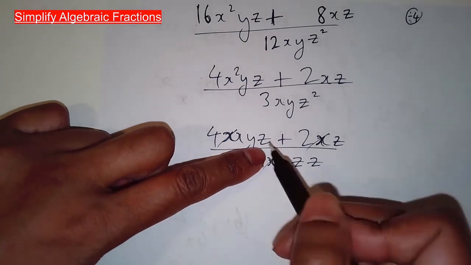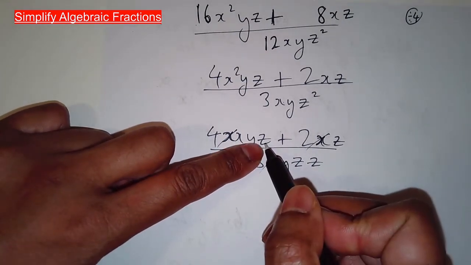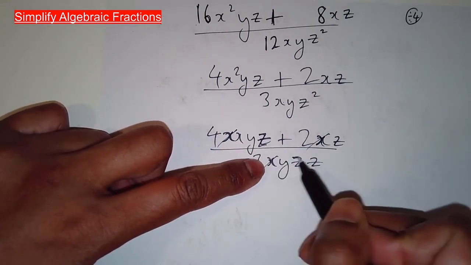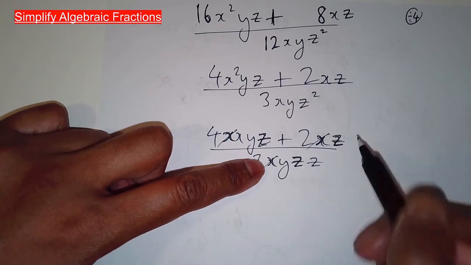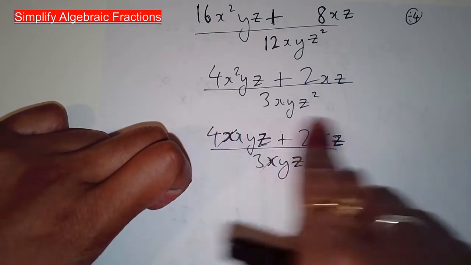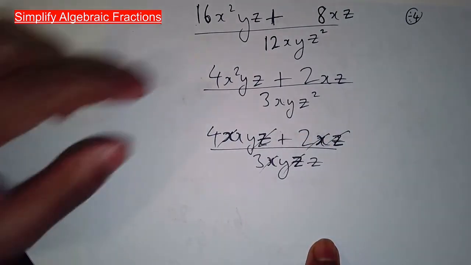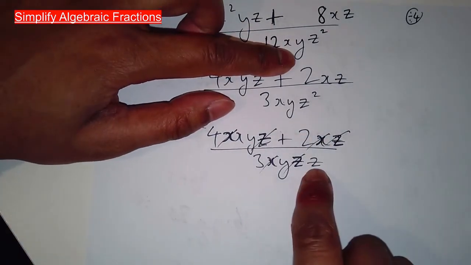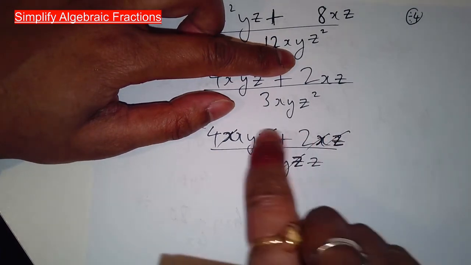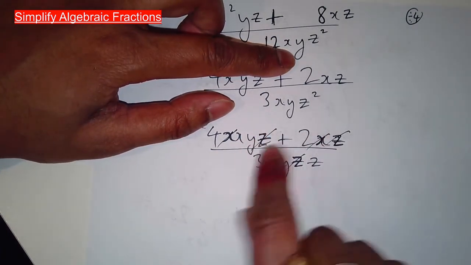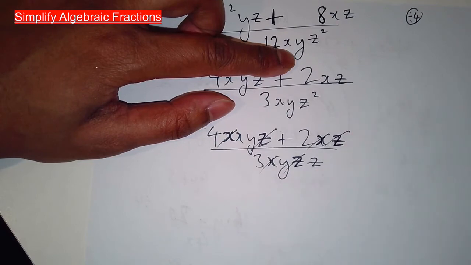Looking at the Z over here, you can see a Z over here, a Z, and there's a Z over here. There's a Z in all 3 parts. Therefore, these can cancel. There's one extra little Z there, but there's no other Z's to match it up with. All the other Z's have been taken.